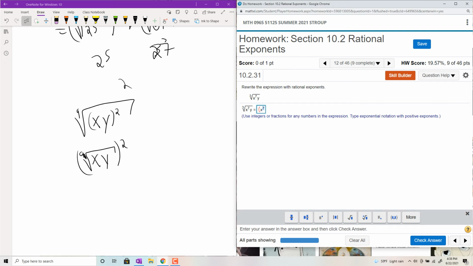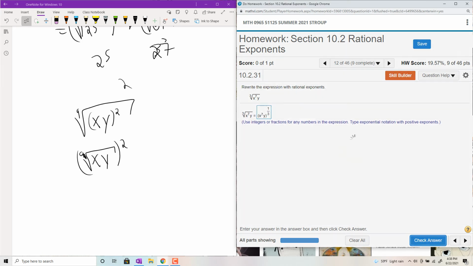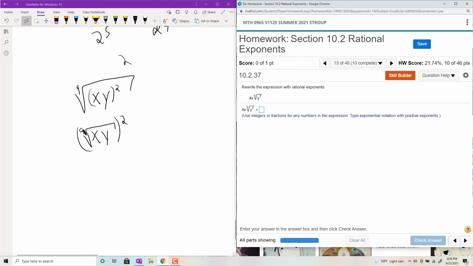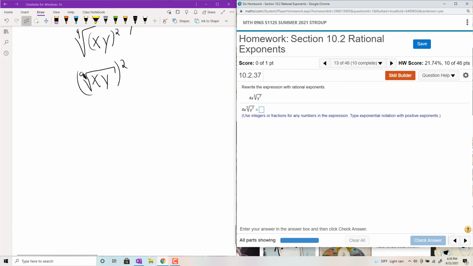X to the 7th, y to the 1/3. Okay, this one's a little, oh, that's just 4x y to the 7/3.